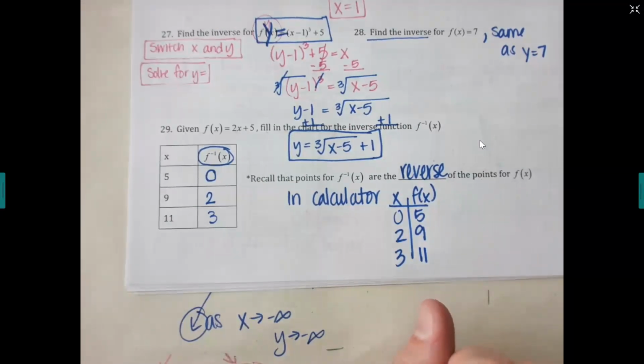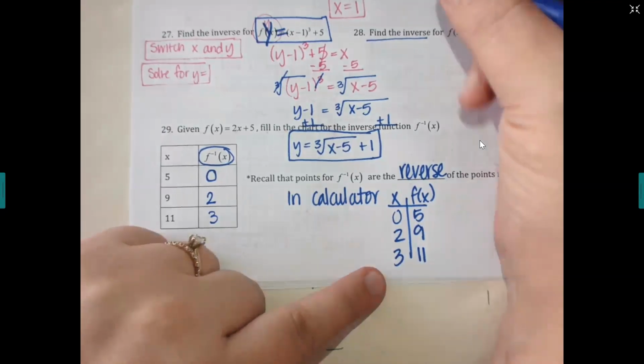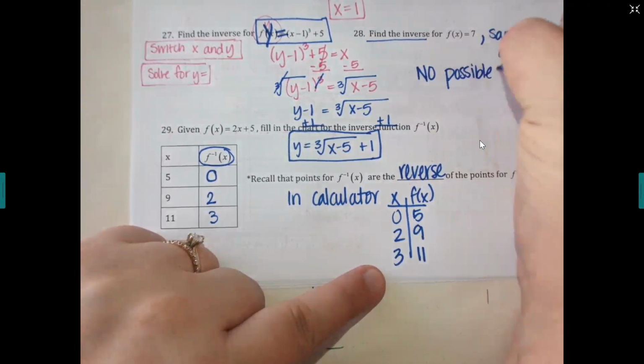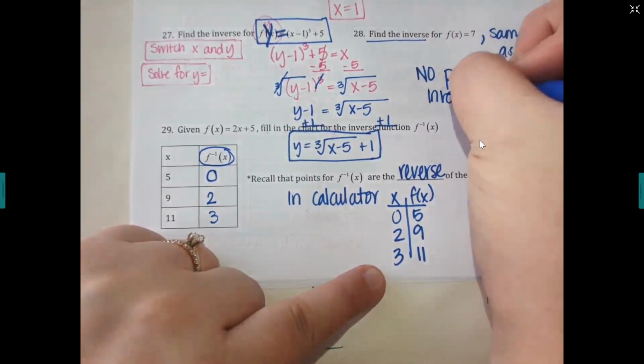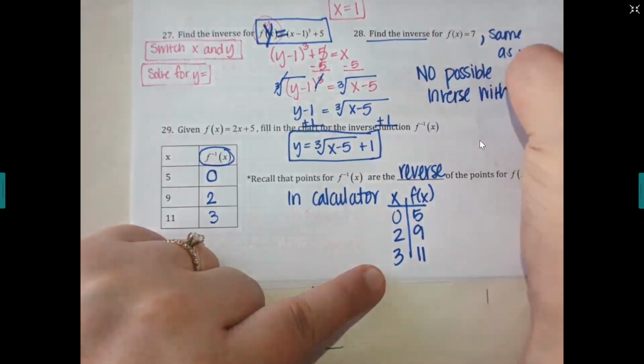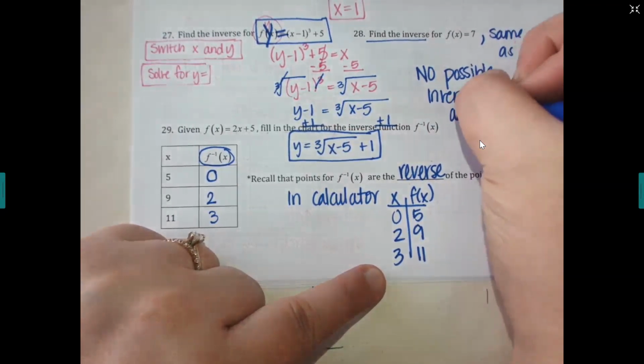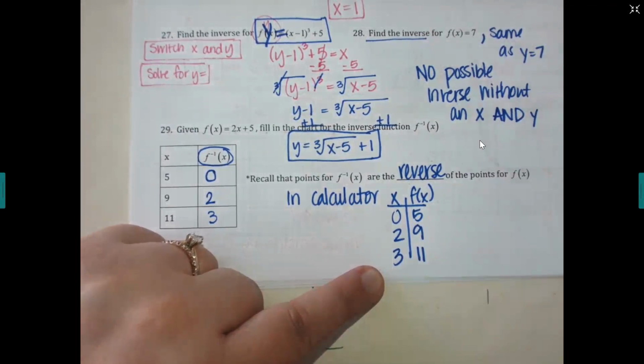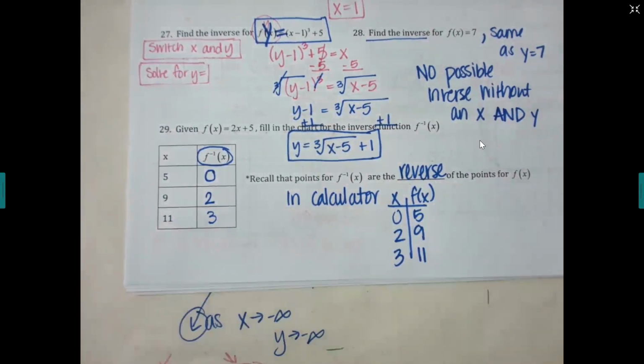Then you cannot do an inverse for it. So I'm going to put here no possible inverse without an x and a y. So there's a question on your exam that says which of the following doesn't have an inverse? If it has y equals 7, you can't inverse that because you don't have the other letter to be able to switch them, which is what that first step is.